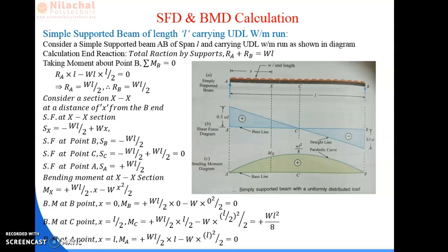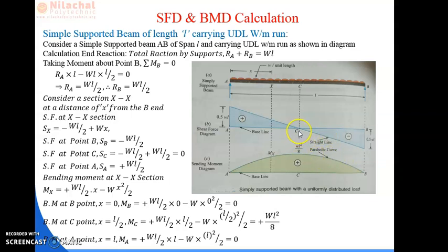The maximum bending moment will occur at the point C, where the shear force value is 0. We know that in the bending moment diagram, the maximum bending moment occurs at the point where shear force is 0.